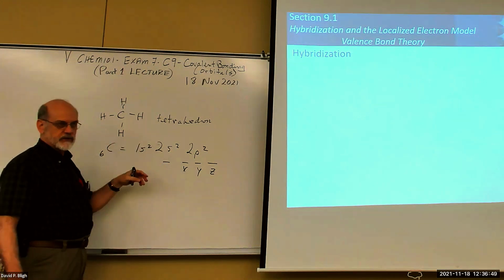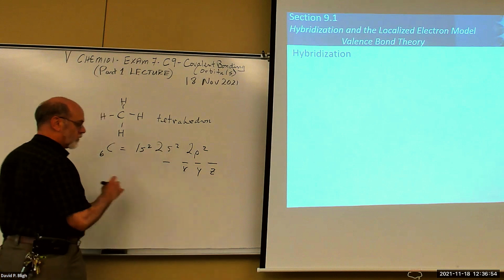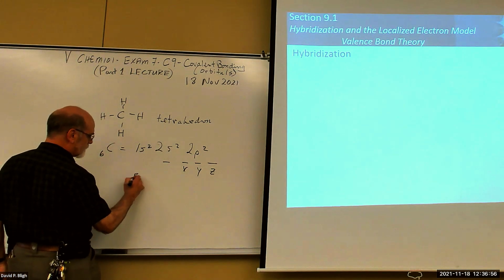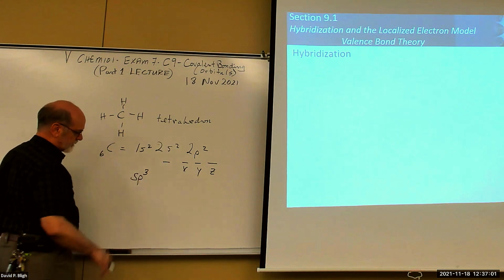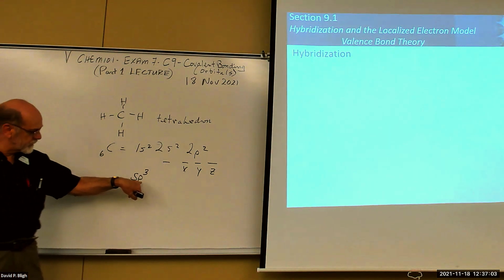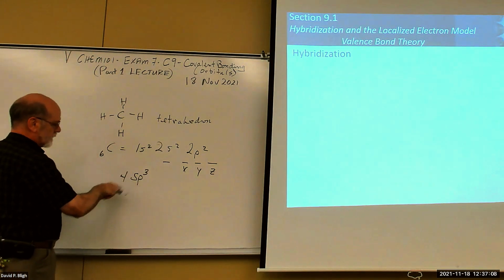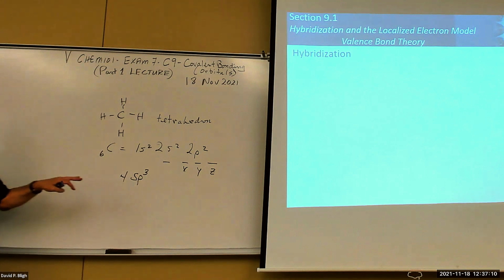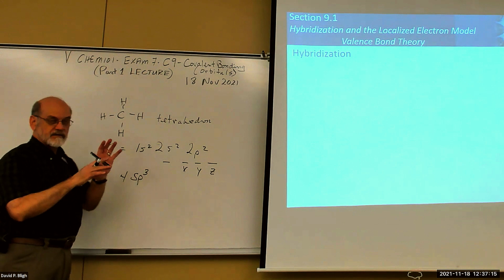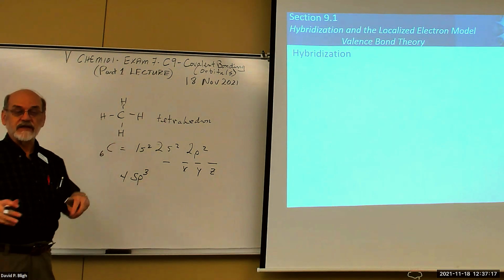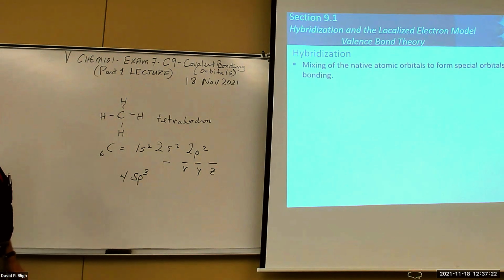That's just logic. So if we're going with 1 here and 3 there, we come out with 4 equivalent orbitals. Now we identify those orbitals as sp3. That just means we use 1 s and 3 p's to make this hybrid orbital. And now we have 4 equivalent hybrid orbitals that are spaced as far apart from each other as possible, which means tetrahedron.